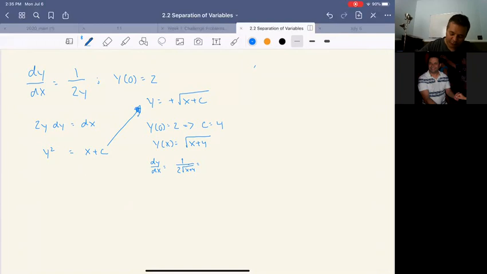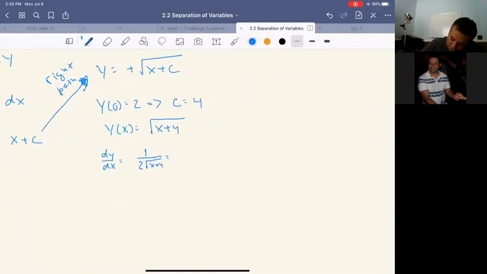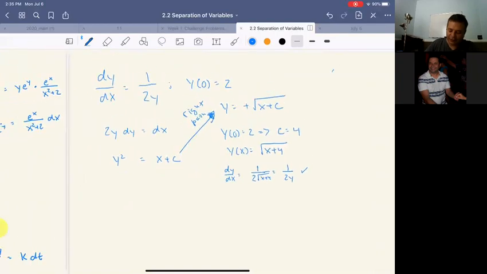So we'll call this the right path. Checks out, solves the differential equation.